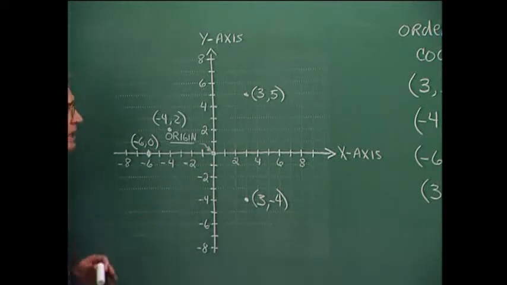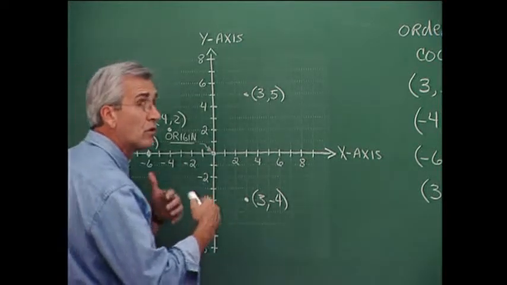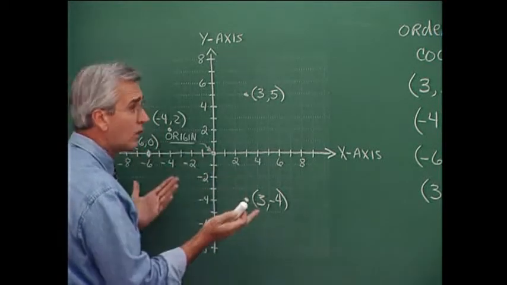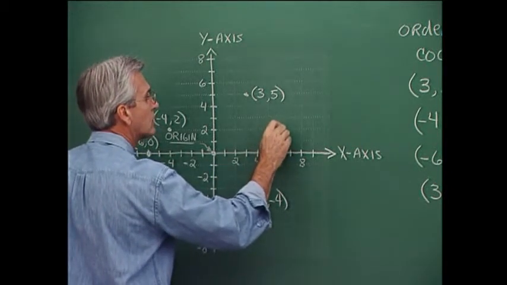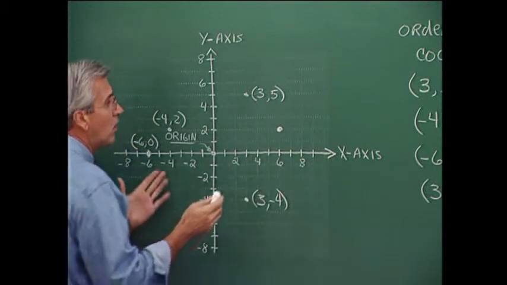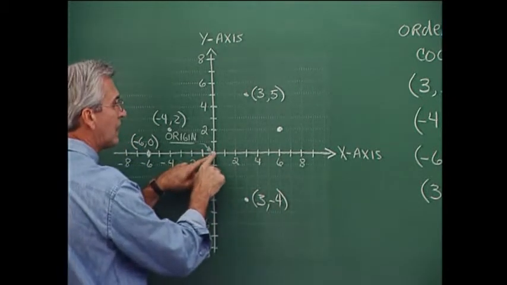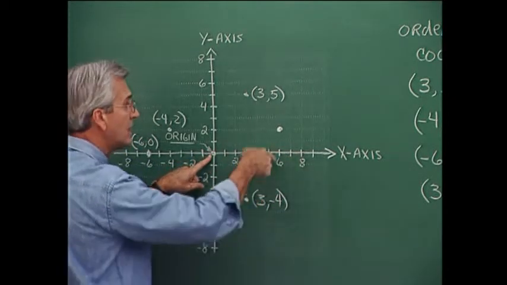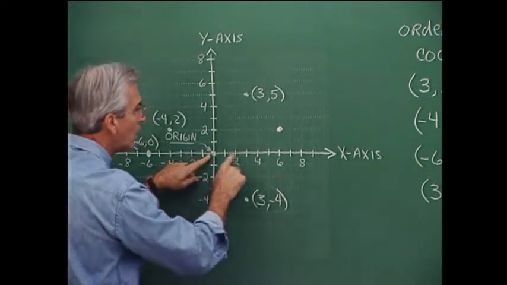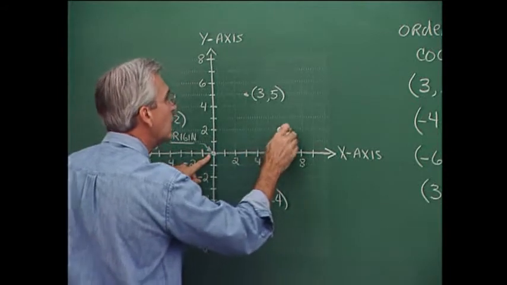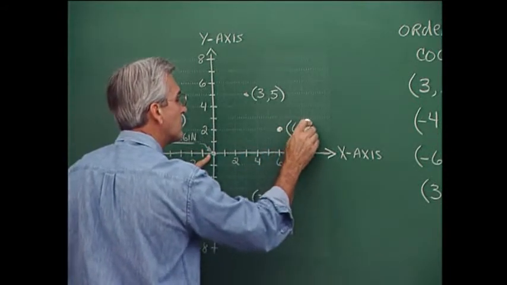Another task that we need to be able to perform is to describe the coordinates of any location on the coordinate plane. For example, this location. What are the coordinates associated with that point? Well, let's see, all we do is go from the origin and we count over horizontally first and then vertically, and we are describing the coordinates of the point. So from here, we would go over to 6 and then up 2, so the coordinates would be 6, 2.